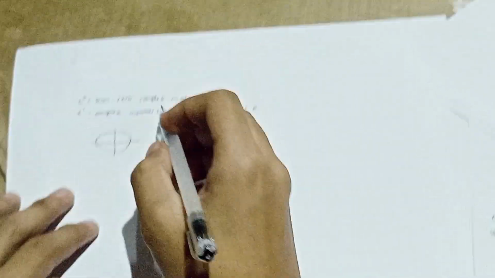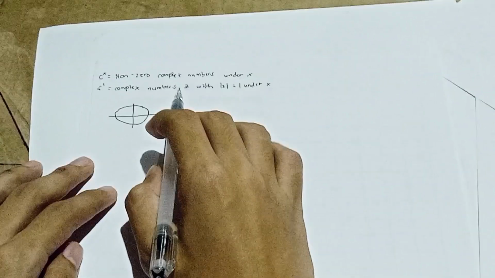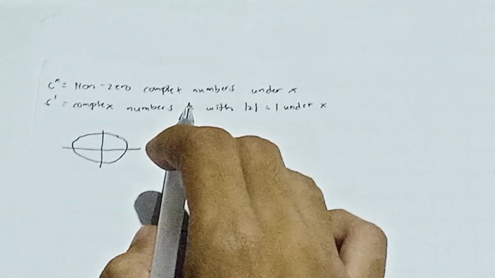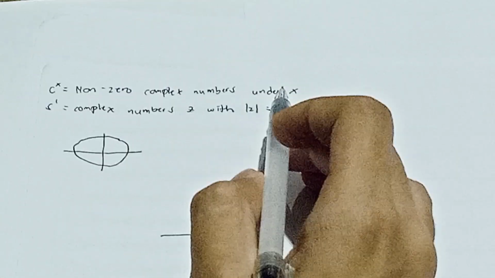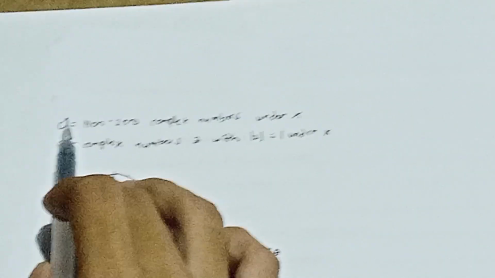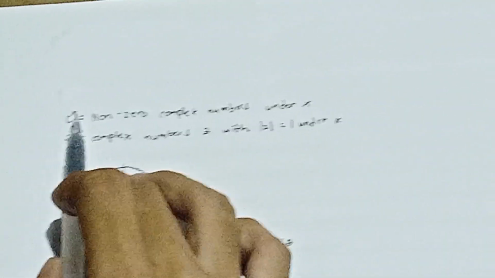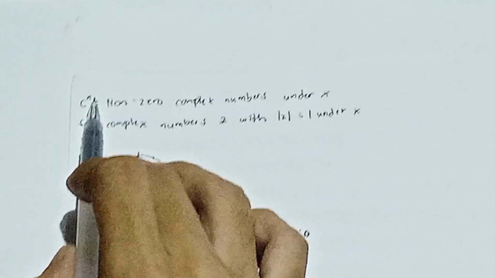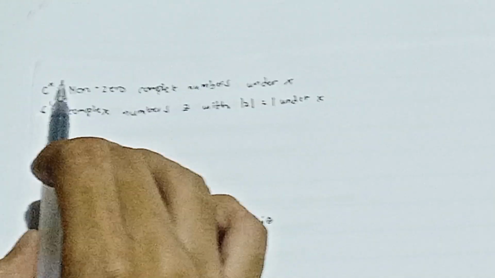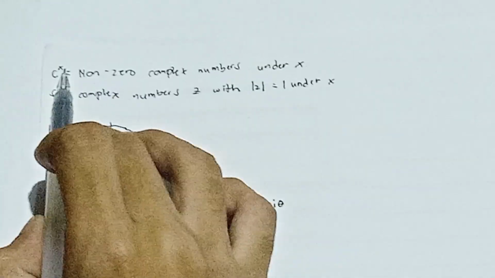In example number 2, consider the non-zero complex numbers under multiplication, which we denote by C with a multiplication sign. It's understood that you are not including 0 because 0 does not have an inverse under multiplication.